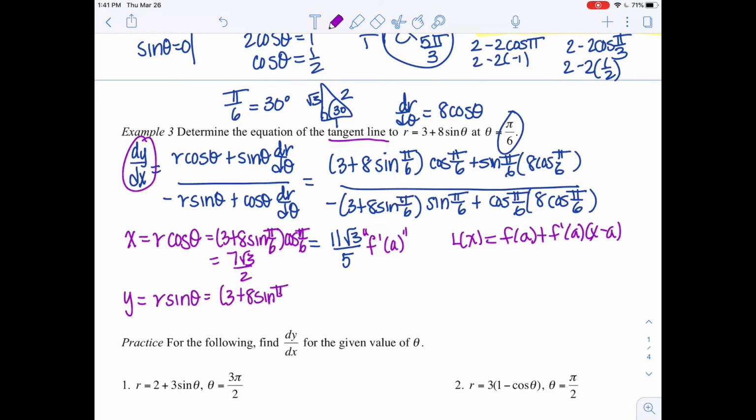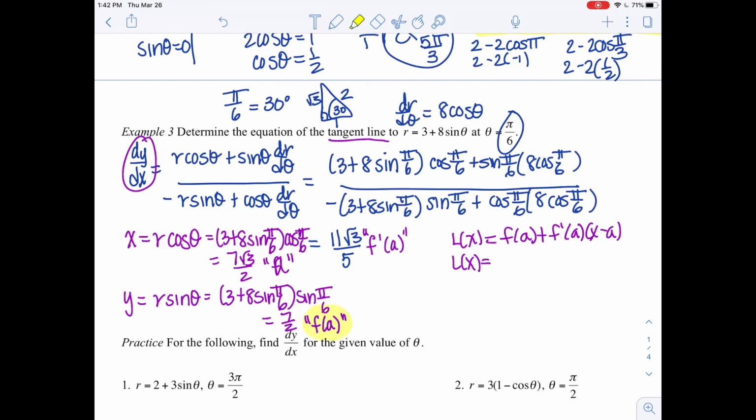If I then do y equals r sine theta, so 3 plus 8 sine of pi over 6 times sine of pi over 6. That comes out to be 7 over 2. This is technically my a, and then this is technically my f of a, because that's the x and the y coordinate of your point of tangency.